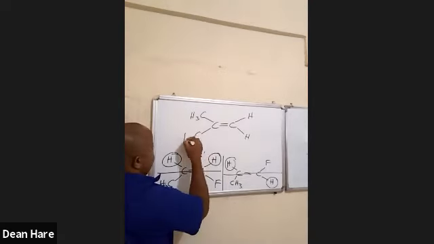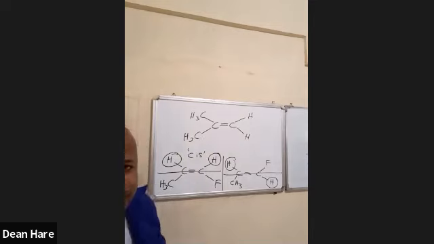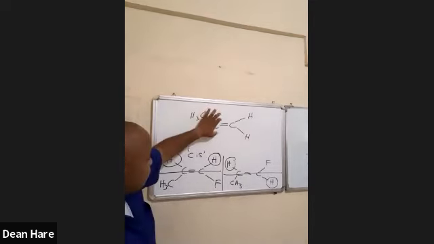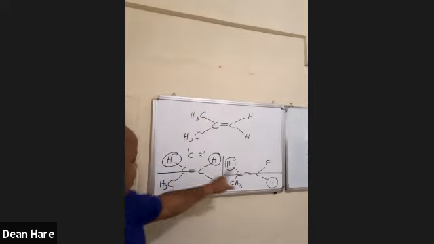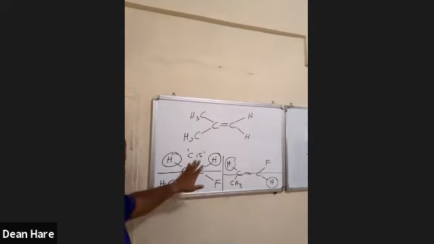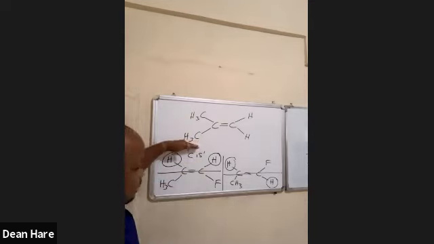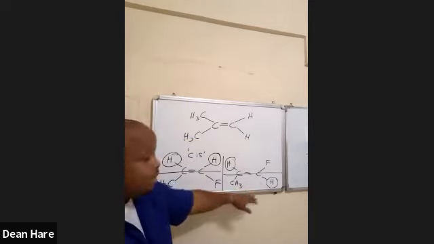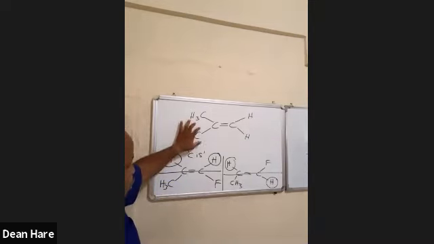Oh, that's four carbons. All right. So the question is, can we get this structure to appear in this format where we have two of these same groups on the same side and then on the opposite side? Is it possible to do it with this structure?